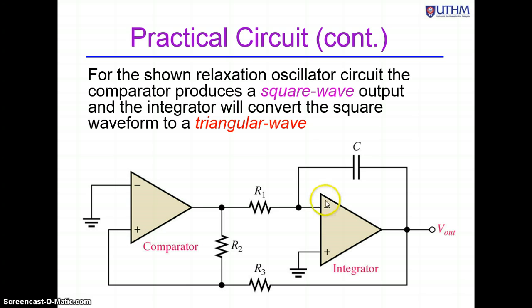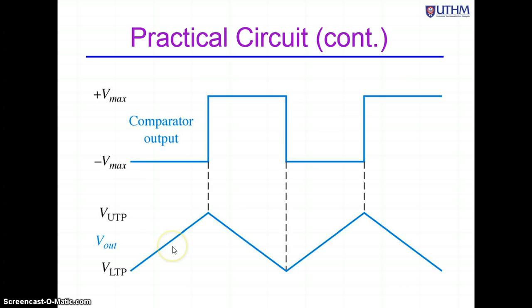The operation of the second part, the integrator, is similar to the one that I have shown just now, only that the input, instead of being connected to the switch, uses a comparator over here. So this is the comparator output, and this is the triangular wave that is produced after the integrator.